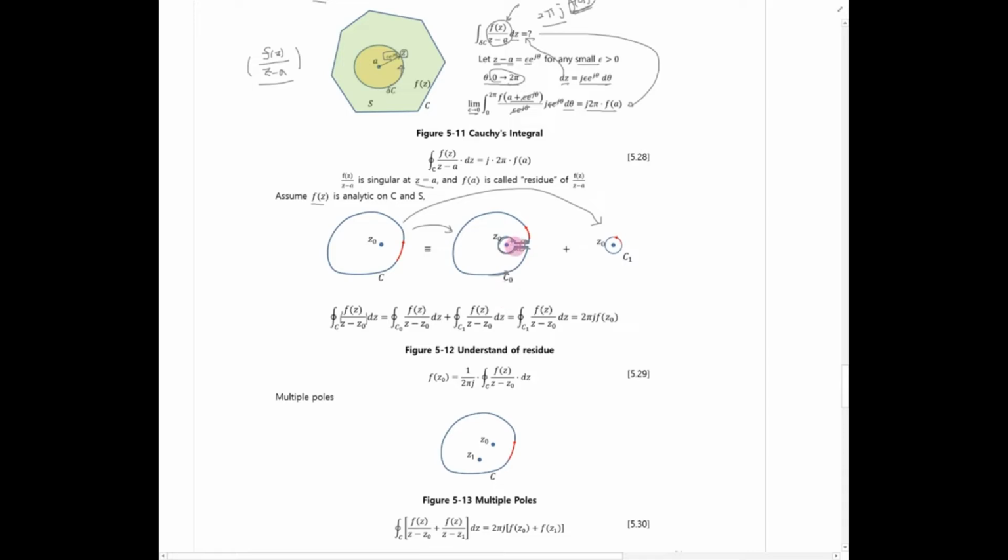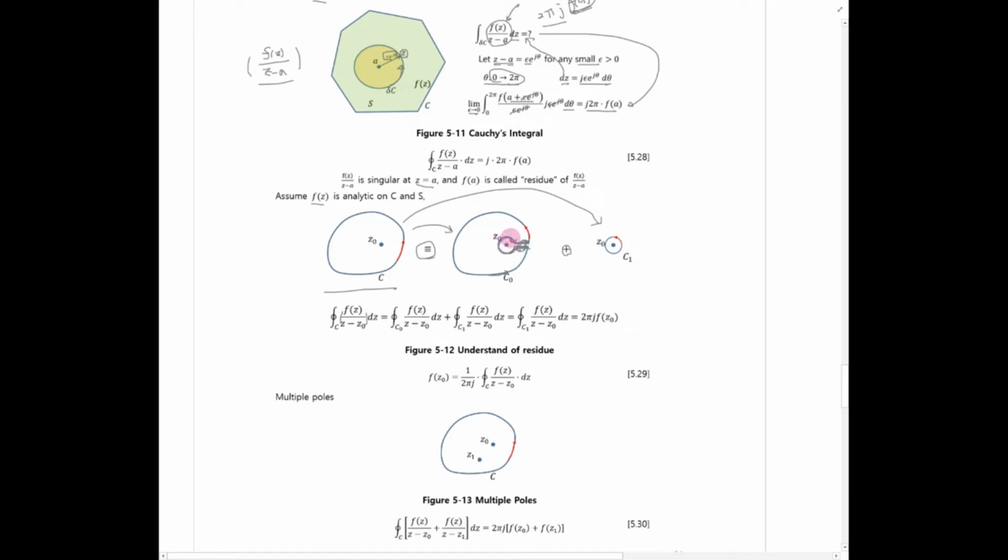And this clockwise integration, adding the counterclockwise integration, becomes the same as this one. By taking contour C0 like this path, we exclude this singular point. By taking this contour, it seems weird, but the entering and outgoing paths cancel each other.